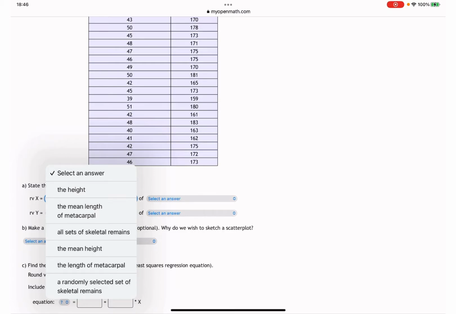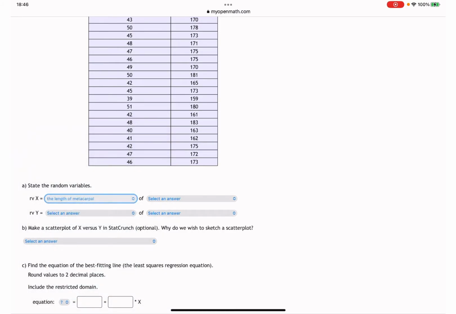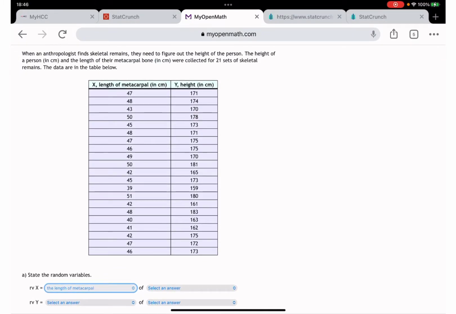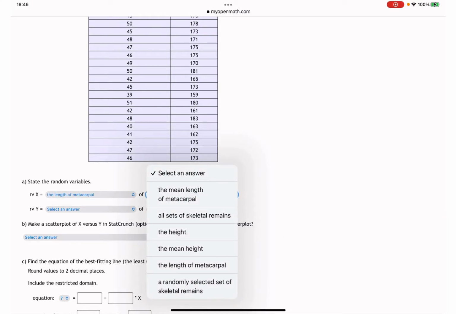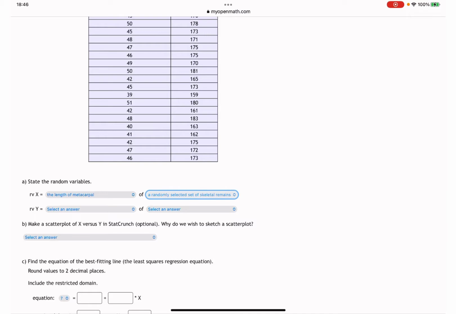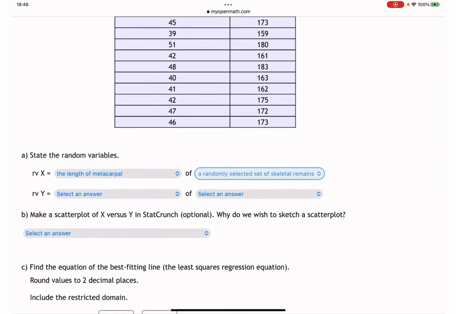So I took it from here. See, X, length of metacarpal of randomly selected skeletal remains.